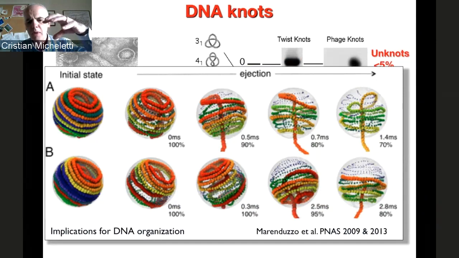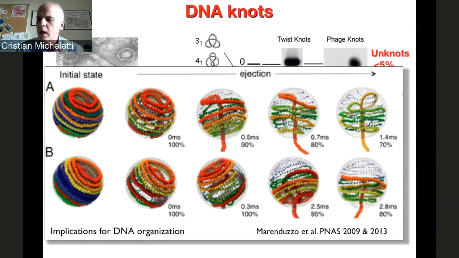And so if you imagine that inside the capsid you have a high probability of being entangled, a high probability of having a physical knot. As I told you, there is a more than 95% probability to have these open physical knots. What happens when the DNA gets out from the very narrow pore, so the narrow channel that you see in the micrograph?